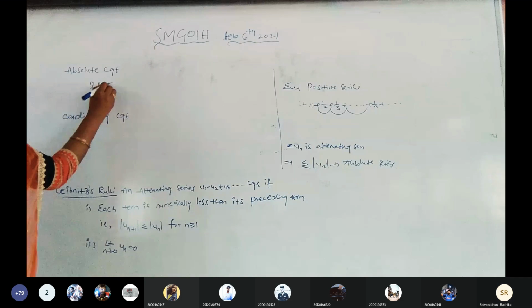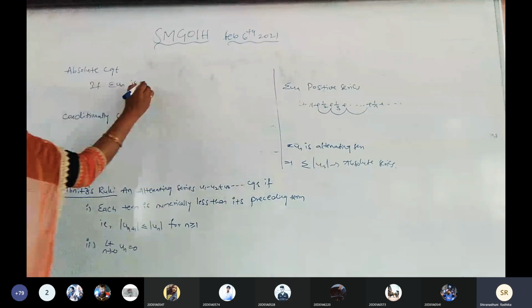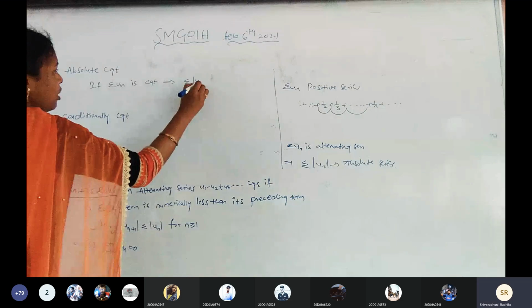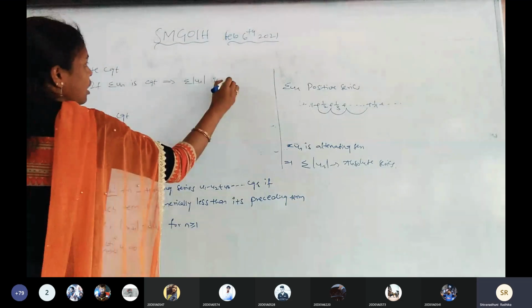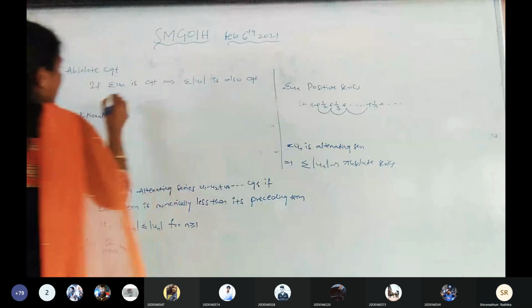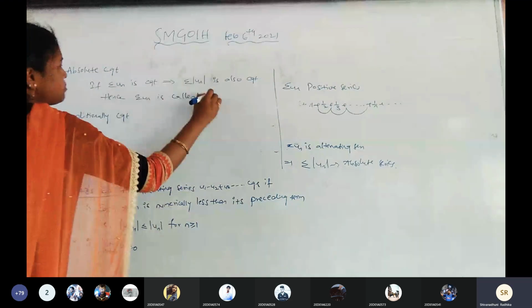If summation un is convergent, then summation of mod un is also convergent. Hence, summation un is called absolute convergent.